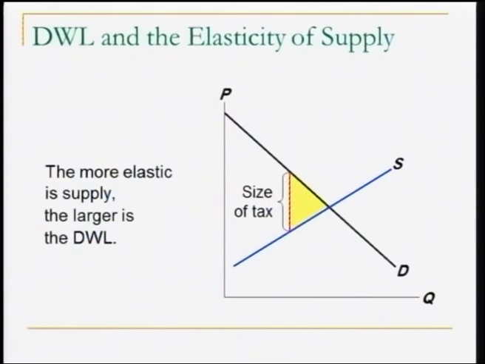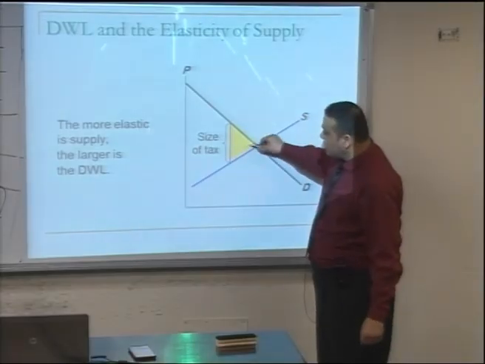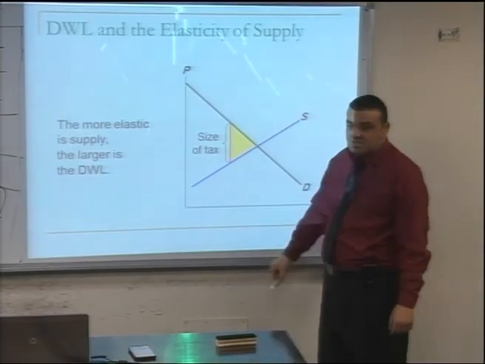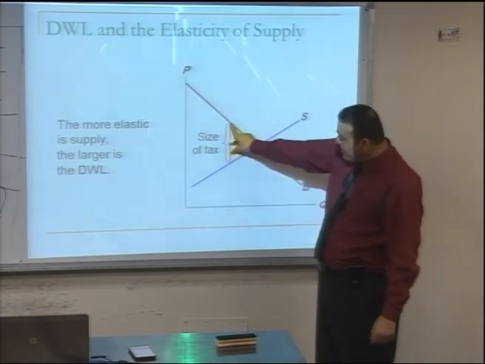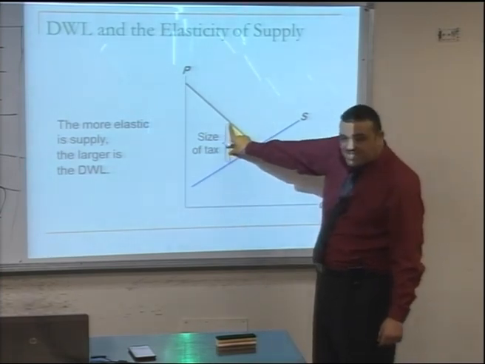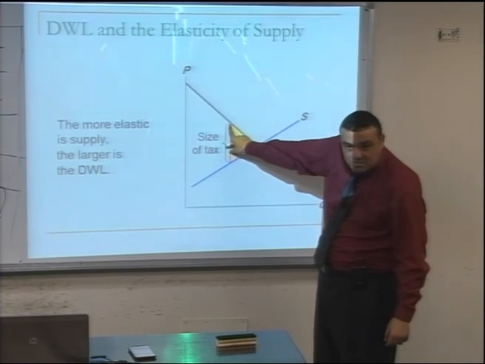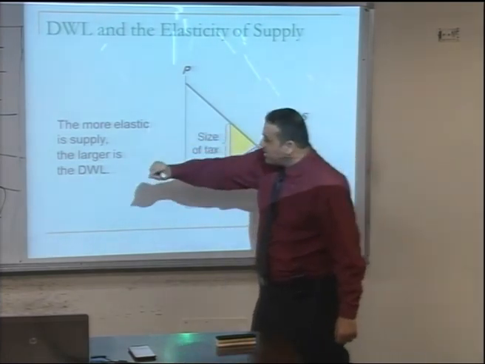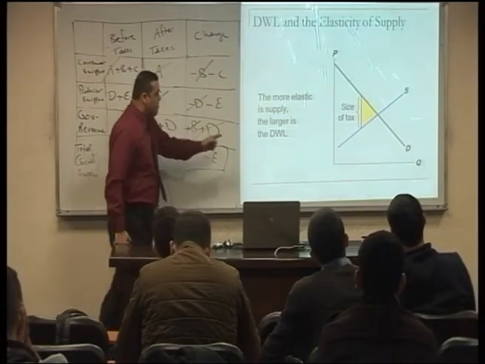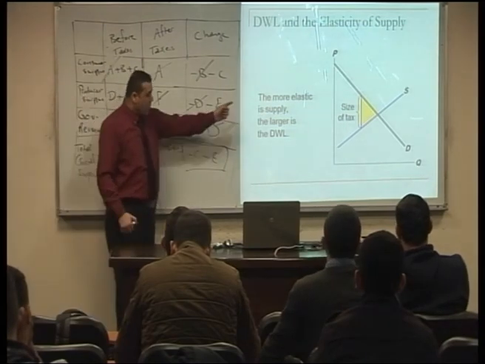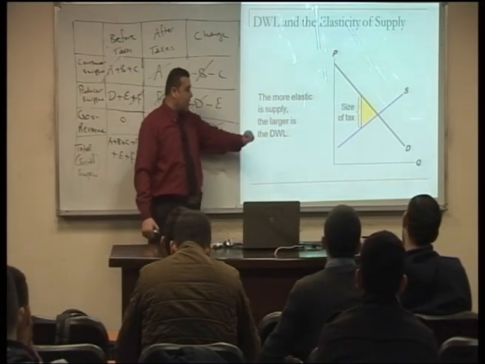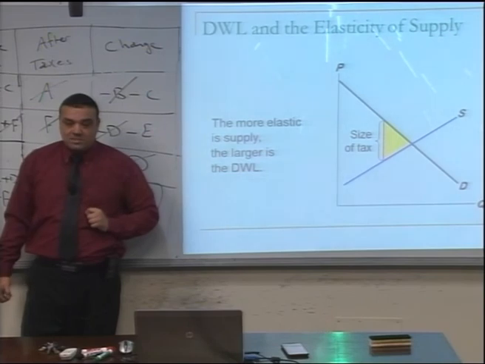It becomes larger here. As you see, the deadweight loss increases for the same fixed size of taxes. So, the more elastic is supply, the larger is the deadweight loss.